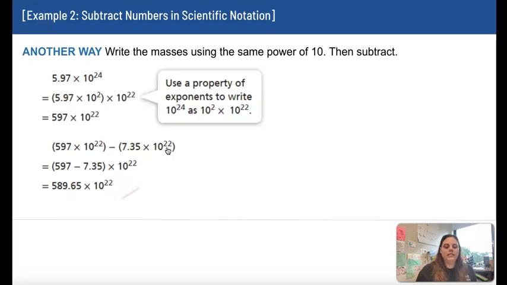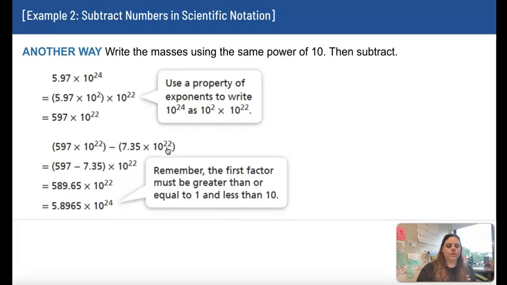Now we just have to move that decimal over 2 to put it back in scientific notation, and because we move it to the left 2, we'll move the exponent up 2, so from 22 to 24.